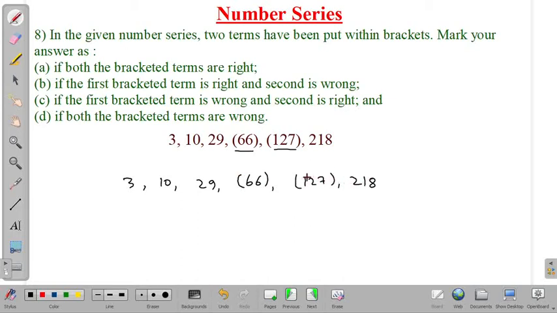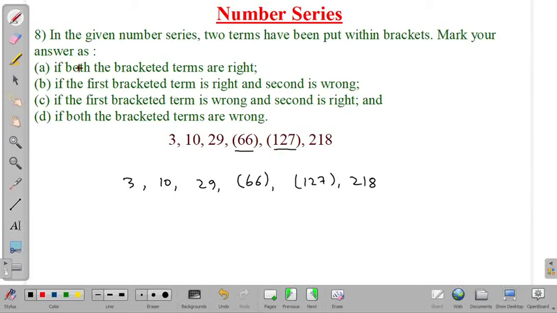So these two terms are doubt terms, and the other four terms that are given are correct. So we have to find a logic which will be suitable for all the correct terms, and then we need to check whether these bracketed terms are as per our logic or not. If not as per our logic, then that term must be incorrect.